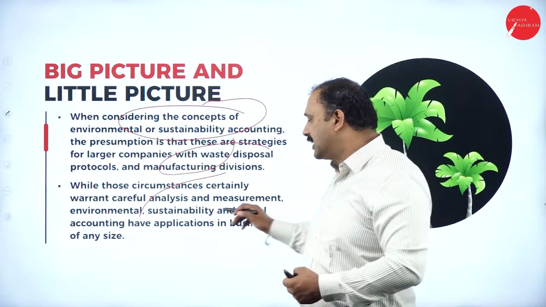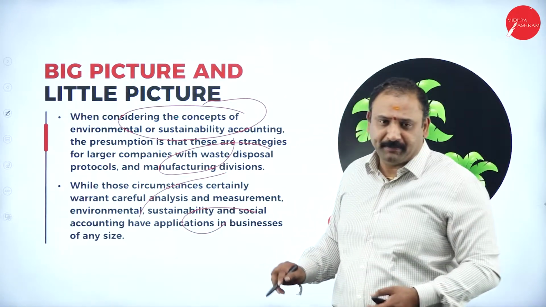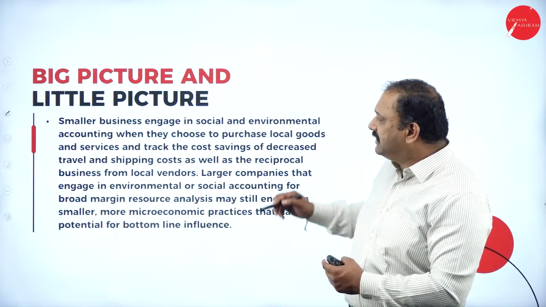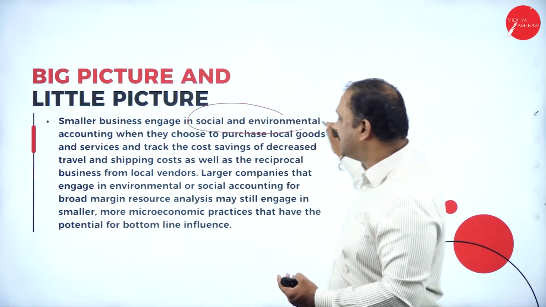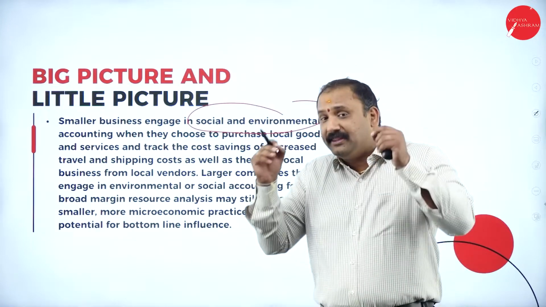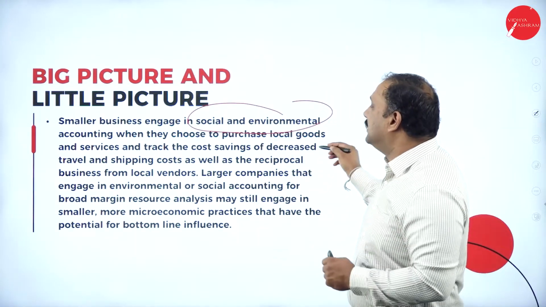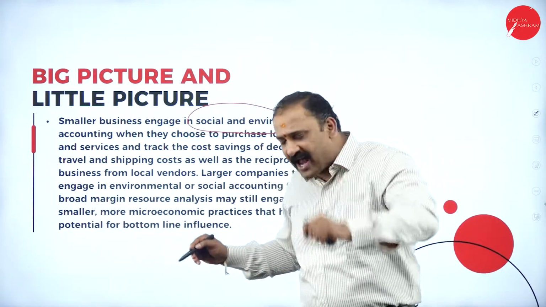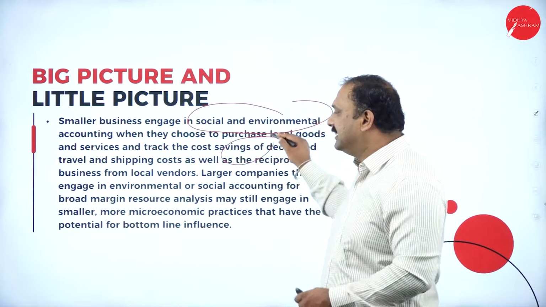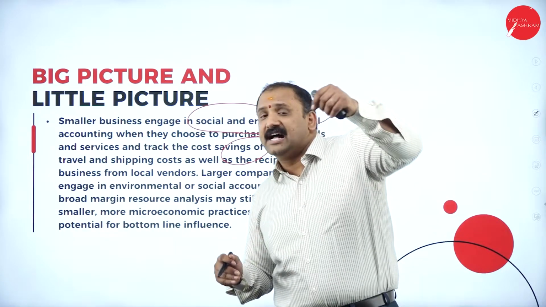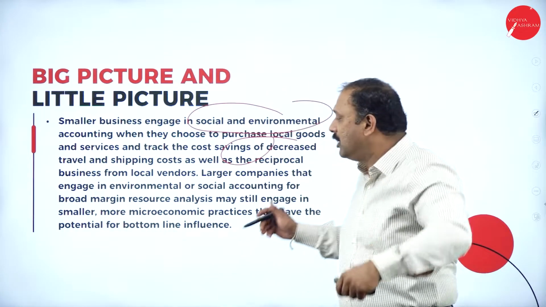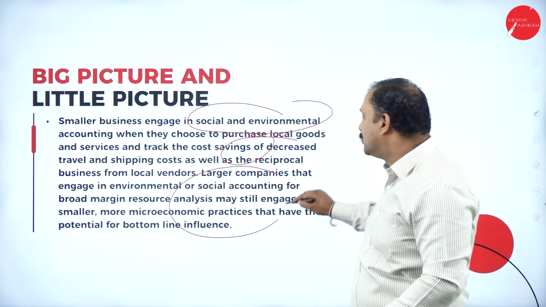Sustainability and social accounting have their implications on the business part, followed by the factor that smaller businesses will also engage in social and environmental accounting when they choose to purchase local goods and services, and track their own savings from decreased traveling and shipping expenses, while the larger companies will try to involve themselves with the environmental and the social accounting.